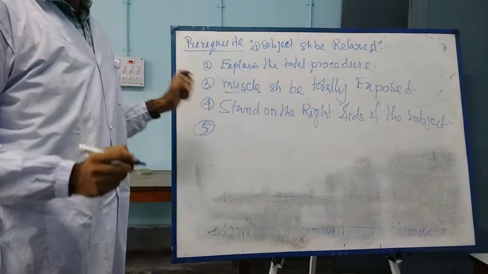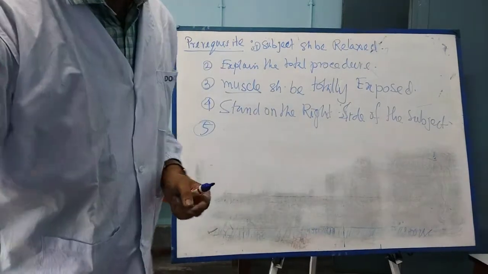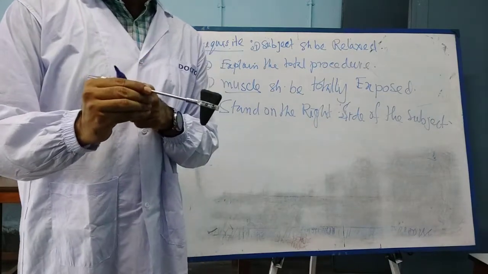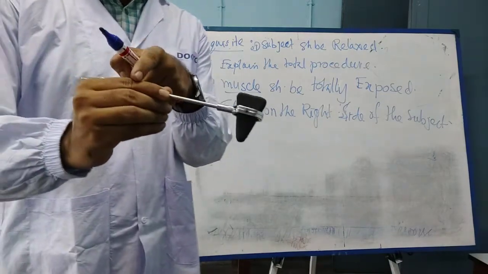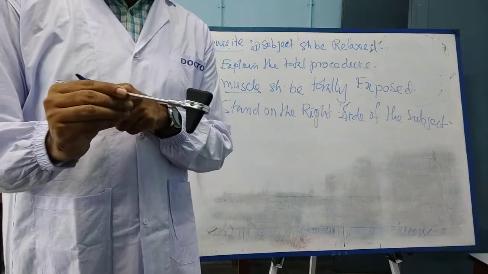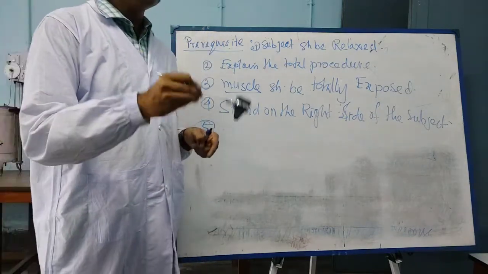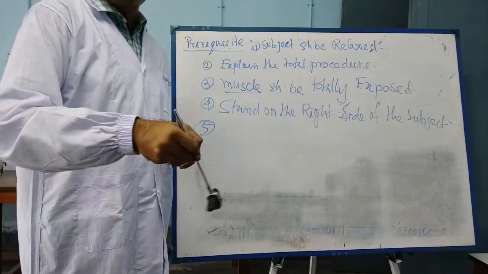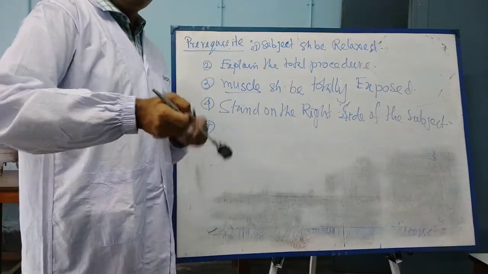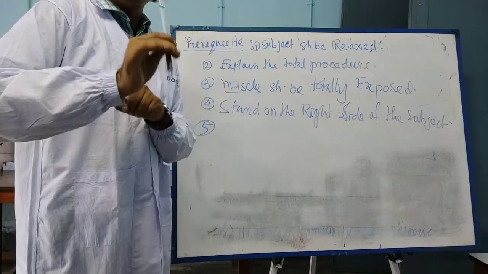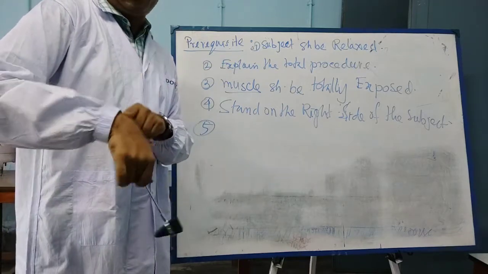Now hold the patellar hammer with the help of the index finger and thumb, like this, and give a sudden single sharp blow by the swinging or twisting movement of your wrist.